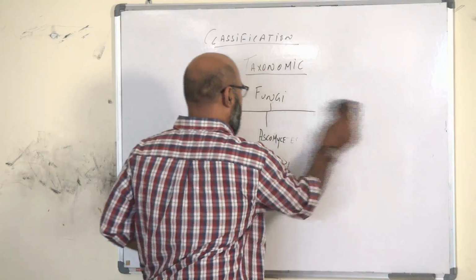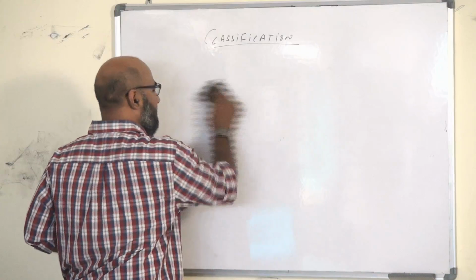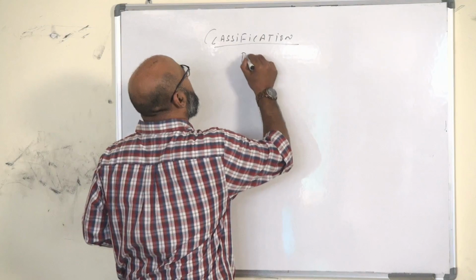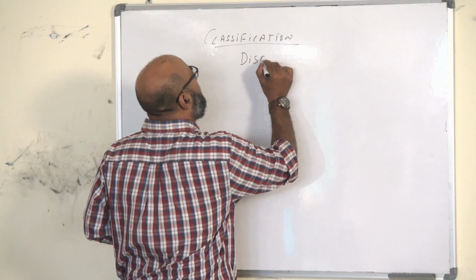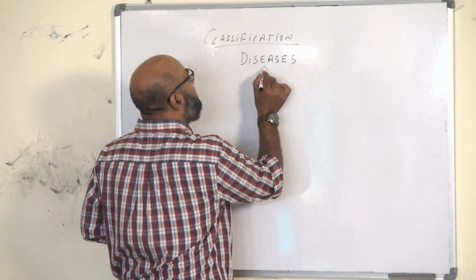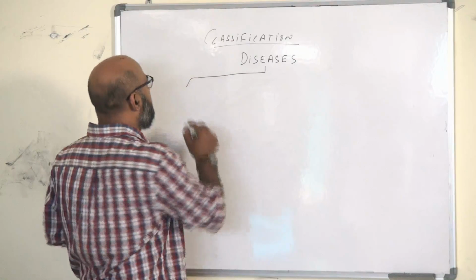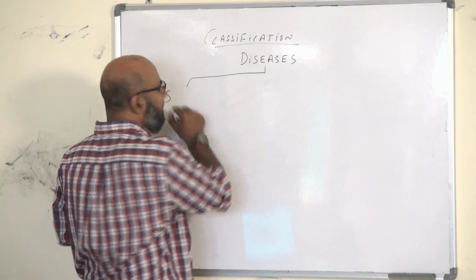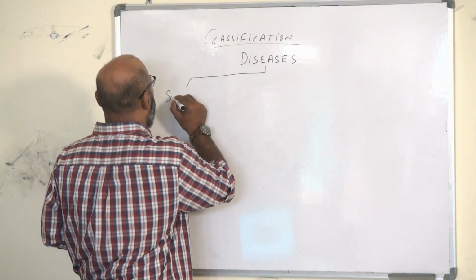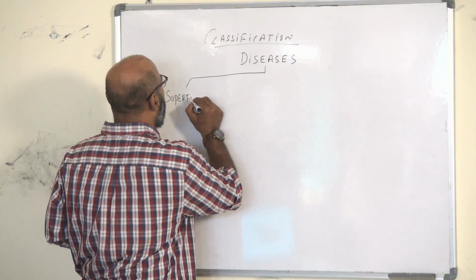The third classification is the classification based on the diseases that the fungi cause. By the way, the diseases caused by fungi are called mycosis. So one is the superficial mycosis.